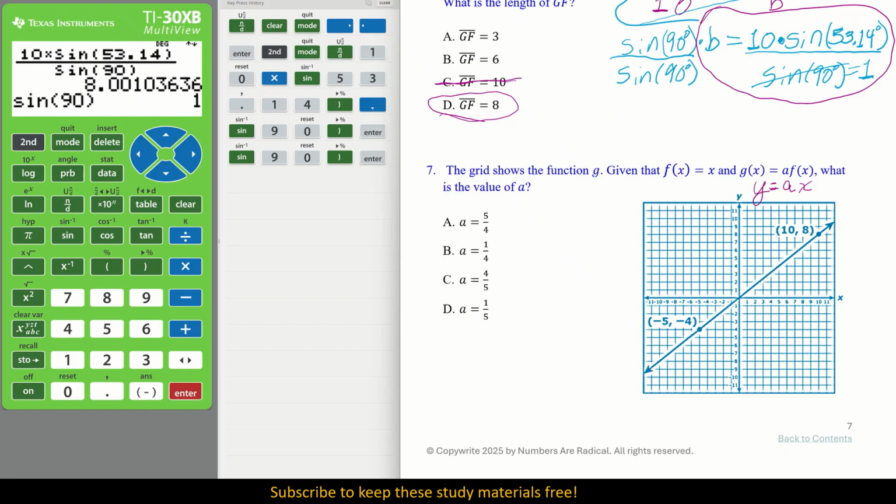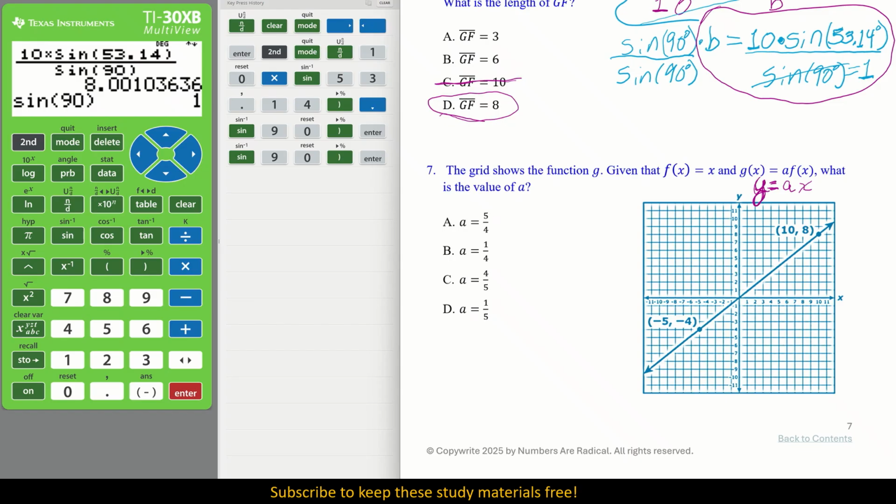I'm going to stick a y there. Does that somehow look very familiar? Yes. This would be a linear equation or linear function. Don't let it fool you, where a is equal to the slope.